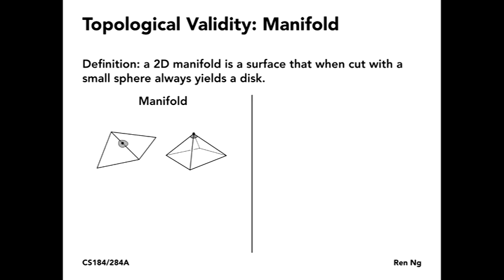If you look on the left, you have two triangles, and we cut along the edge. We get something that looks like a folded disk, but we say that is topologically a disk. Similarly for the top of the pyramid: if we cut it out, we get a folded little square, a folded disk, but we'll still say that's topologically a disk.